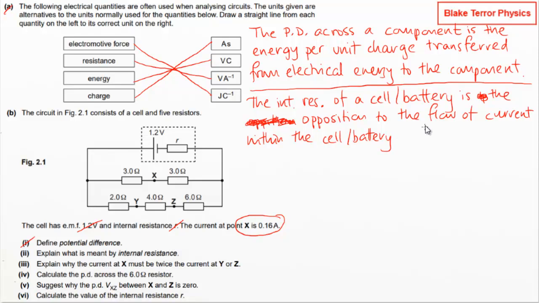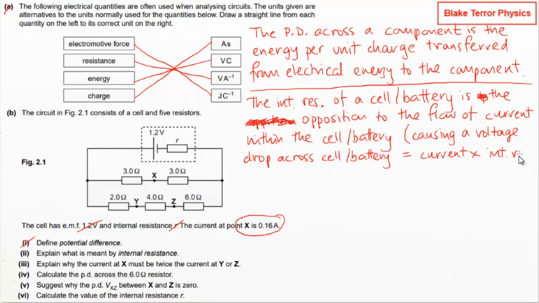You could leave it at that, but let's add a bit more just to make sure. So in brackets, I'm going to go with causing a voltage drop across the cell or battery, equal to current multiplied by internal resistance. So we've given some way of quantifying it and a descriptive part at the beginning.